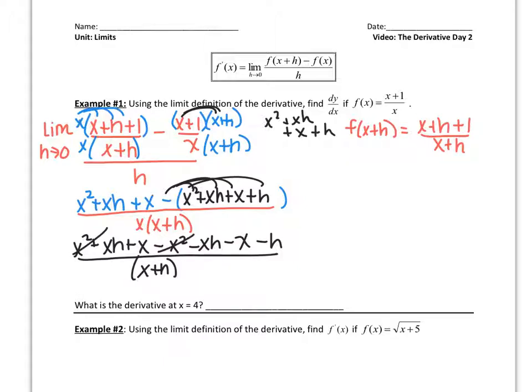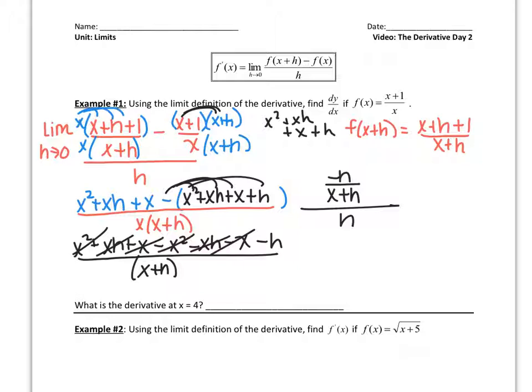The x squared and the negative x squared, the positive xh with the negative xh, the x and the negative x. So all I can simplify this to is negative h over x plus h, all over h, right? Because I was just simplifying the numerator, I still have this original over h.